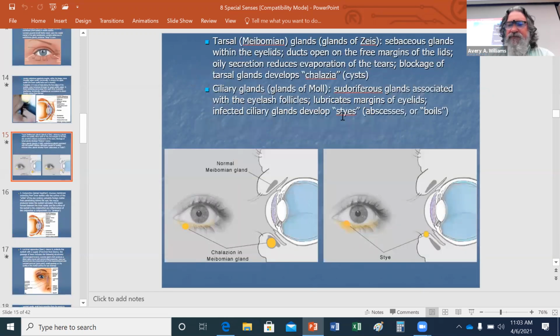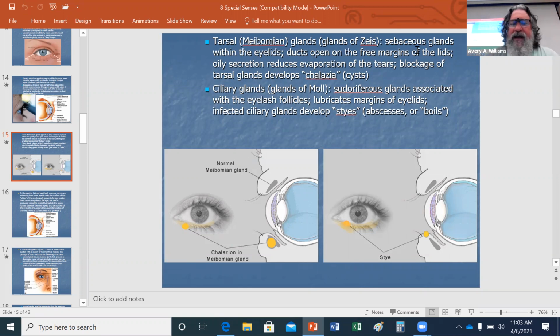This slide. Remember this? Tarsal glands and ciliary glands. The tarsal glands, those are the glands of Zeis, the sebaceous glands. That's sebum, remember? It's like an oil.